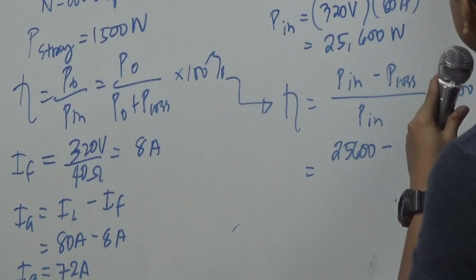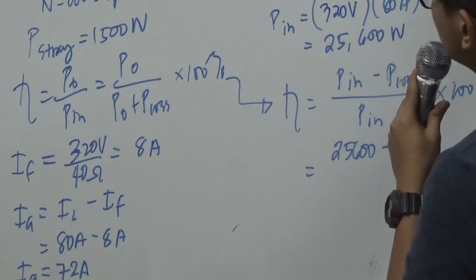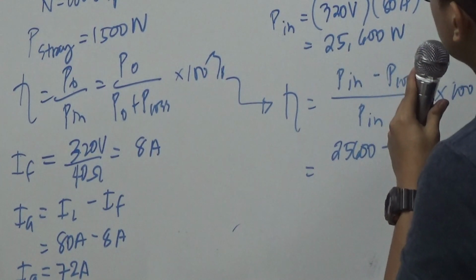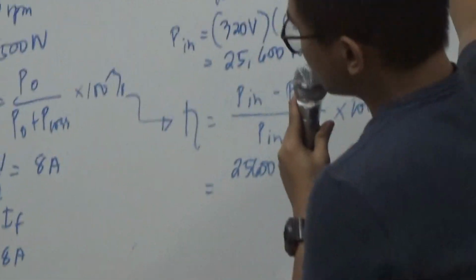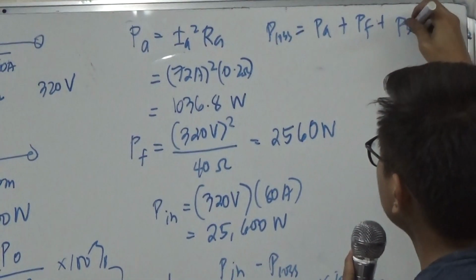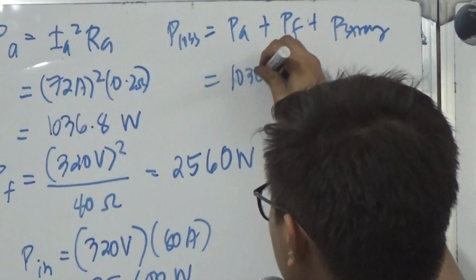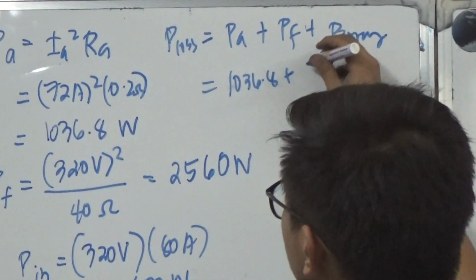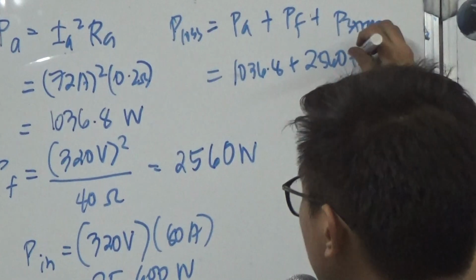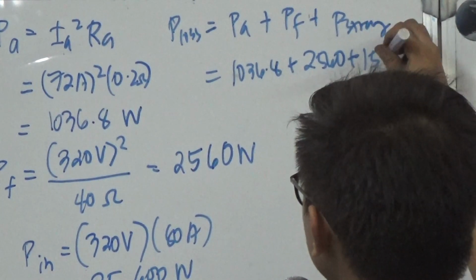Kumpitin natin. P loss equals to PA plus PF plus P stray losses. PA is 1,036.8 plus 2,560 plus 1,500.